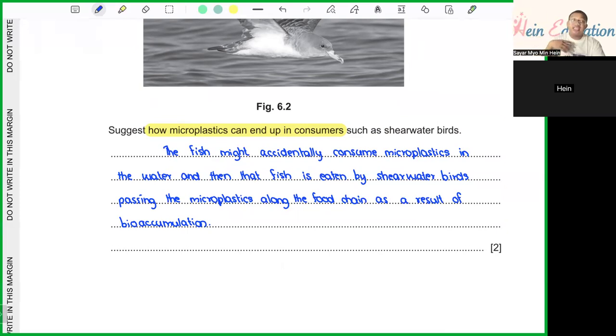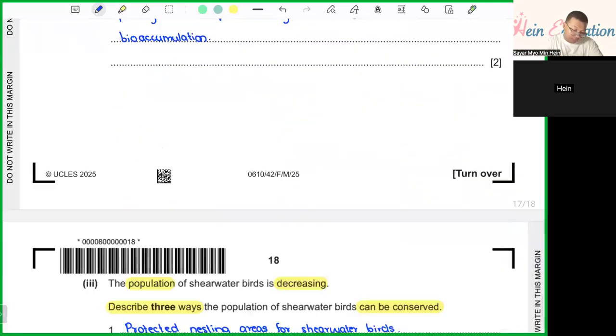So it is in the form of bioaccumulation and biomagnification, which passes along the food chain and could end up in the consumer, especially in the apex predator or top predator, right? Like humans, like us. So we might also end up consuming a lot of microplastic through the food chain, right? So that's how I came to this answer point.